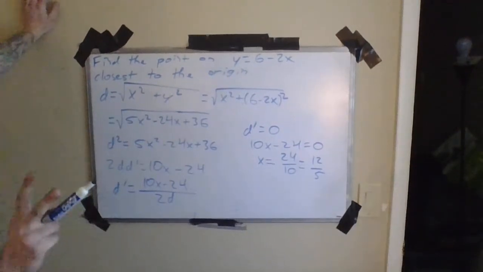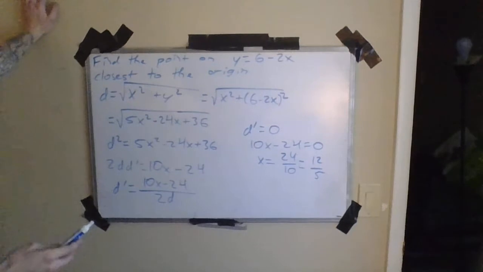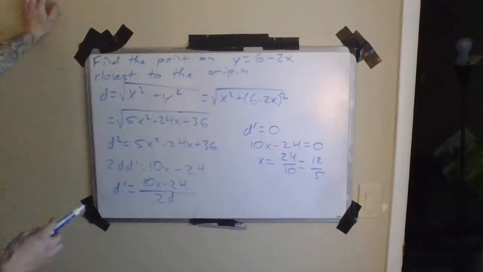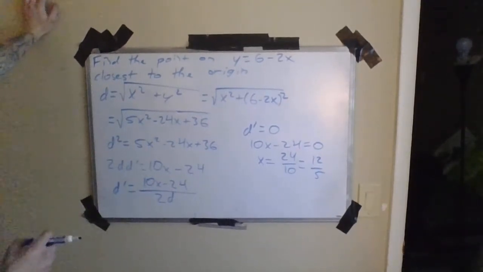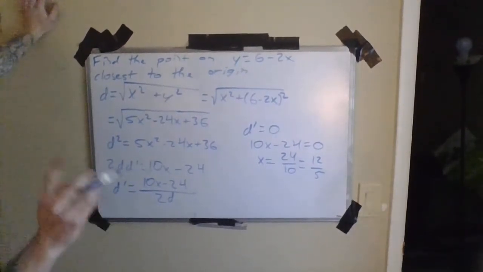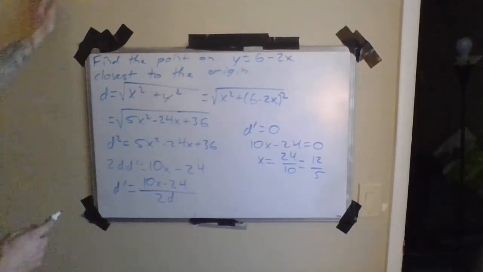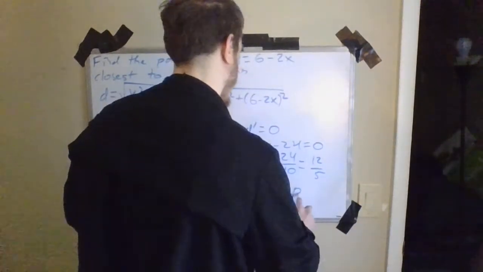There are two different ways that I can show it minimizes the distance. One method is I can show that the second derivative is positive here, and therefore this is a minimum. But taking the second derivative would be a little bit of a pain. So is there an alternative I can do? Well, the answer is yeah, there is actually an alternative. The alternative is I can notice this is the only critical point.